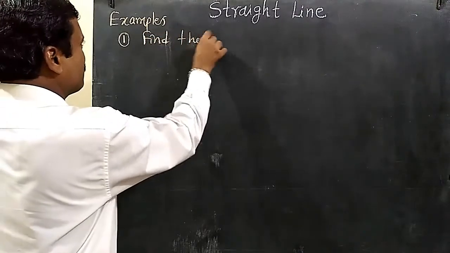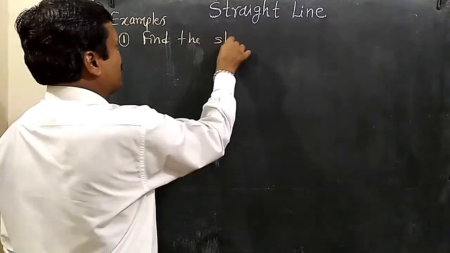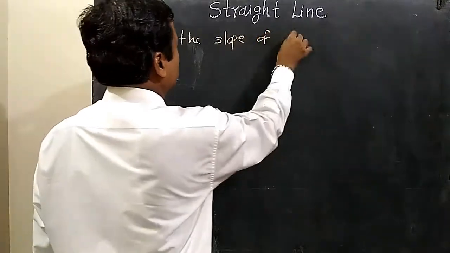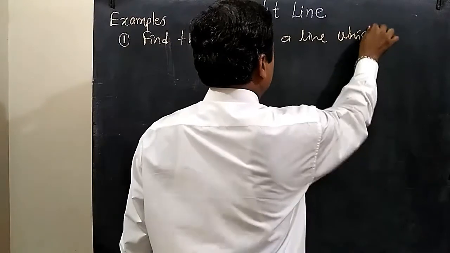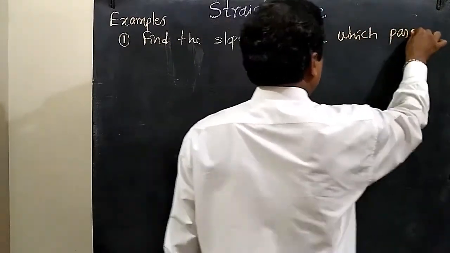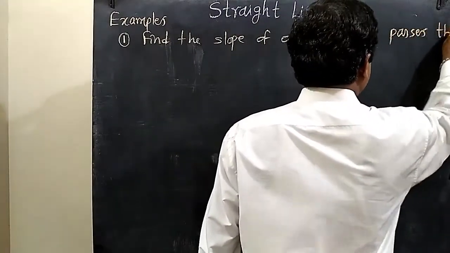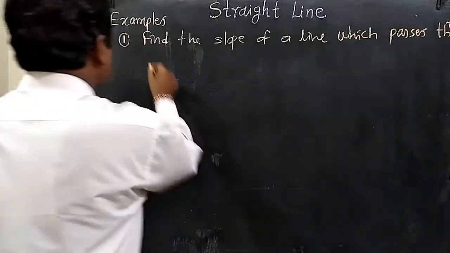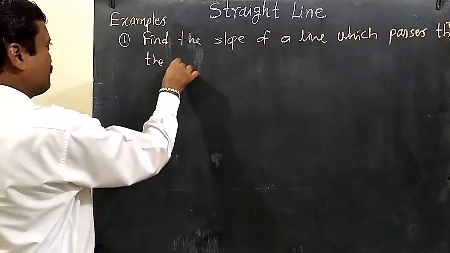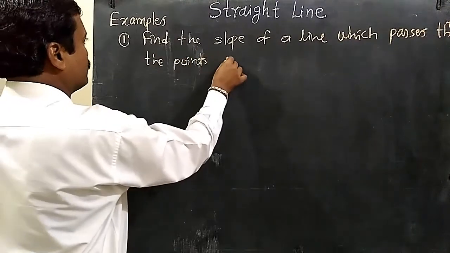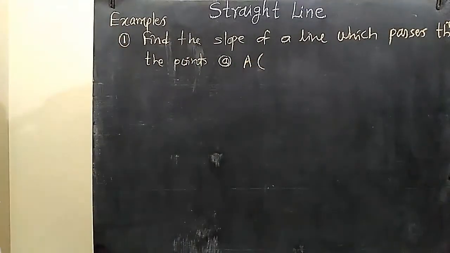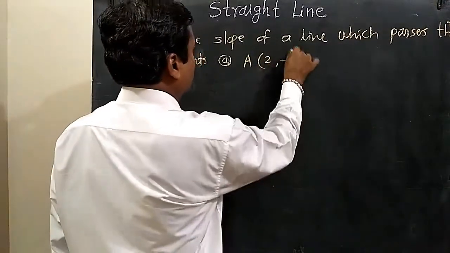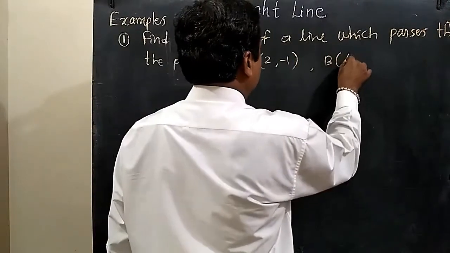Find the slope of a line which passes through the points A and B. For instance, let us take A is (2, -1) and B is (4, 3).